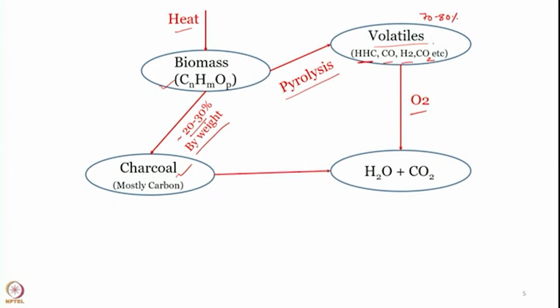Charcoal acts as a reducing agent which reduces H2O and CO2 to carbon monoxide and hydrogen, and these two are good fuels. Though carbon monoxide is a poisonous gas, it is a very good fuel, and it is also a feedstock to give us more hydrogen through the water gas shift reaction that we will see in the subsequent slides. Together this is called synthetic gas, or in short, syngas.